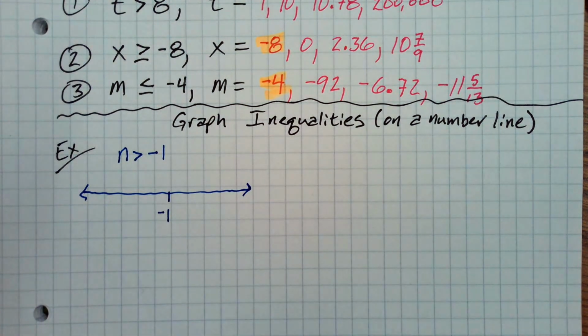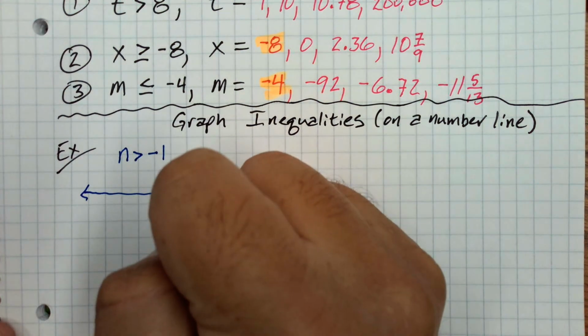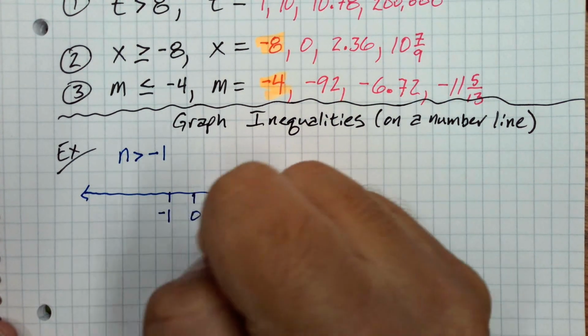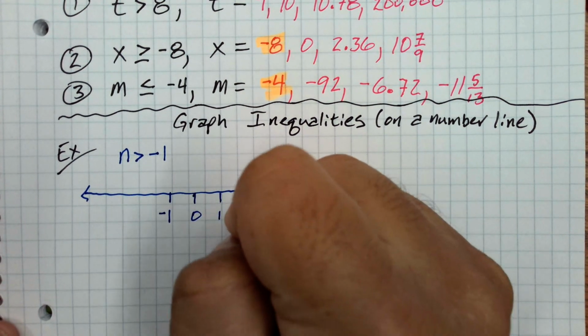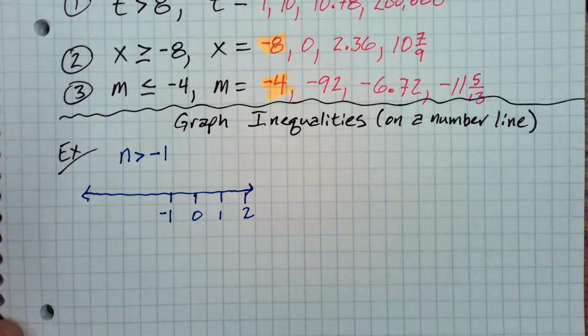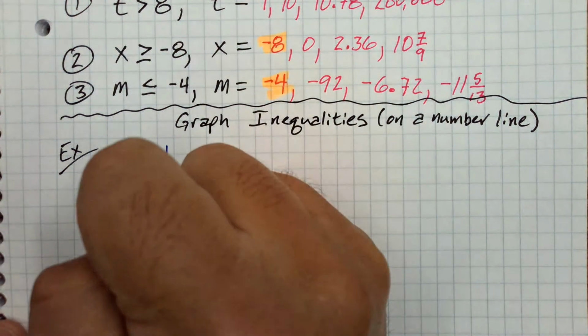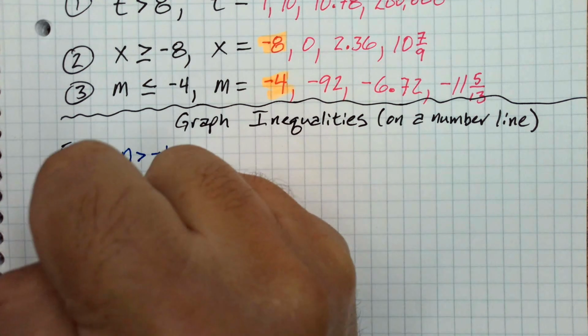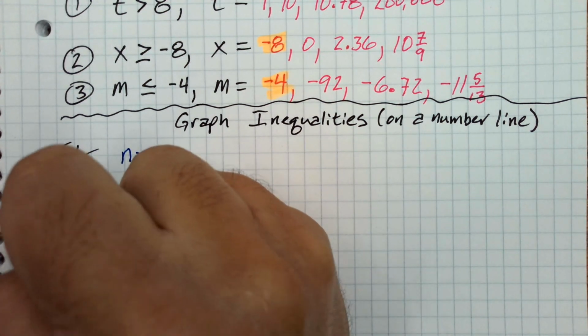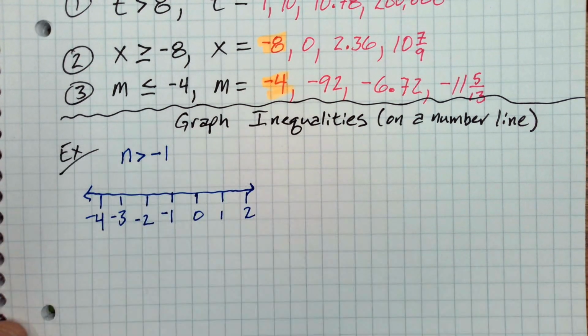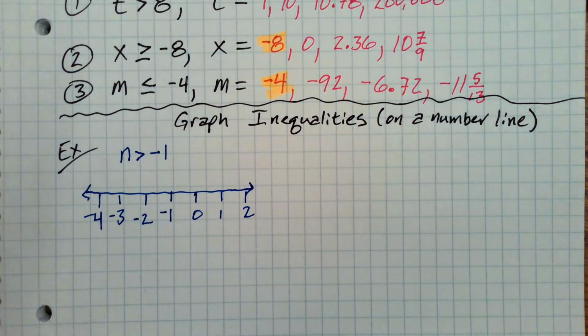And then I'll just put a few numbers on either side of that number. So thinking of the number line, I would have 0, 1, and maybe 2 on that side. On the other side, I would have -2, -3, -4.